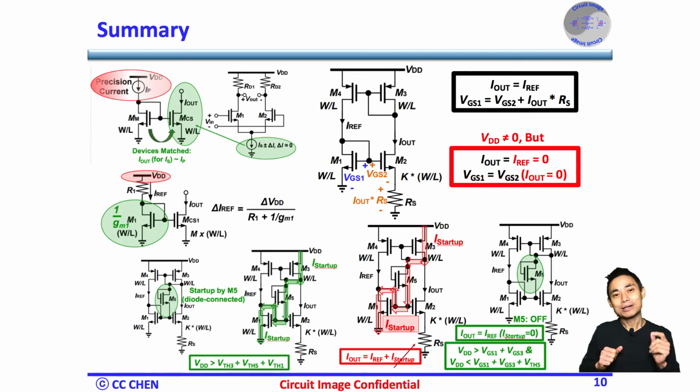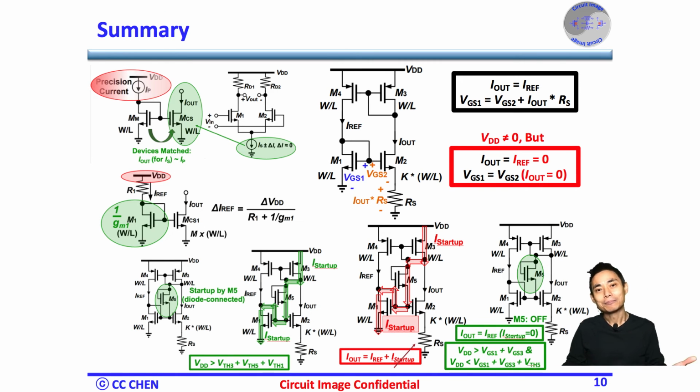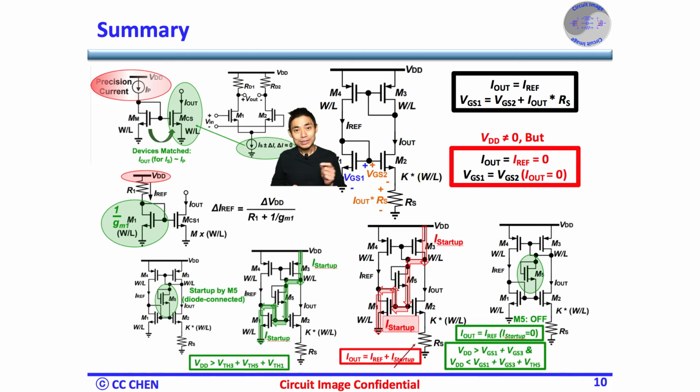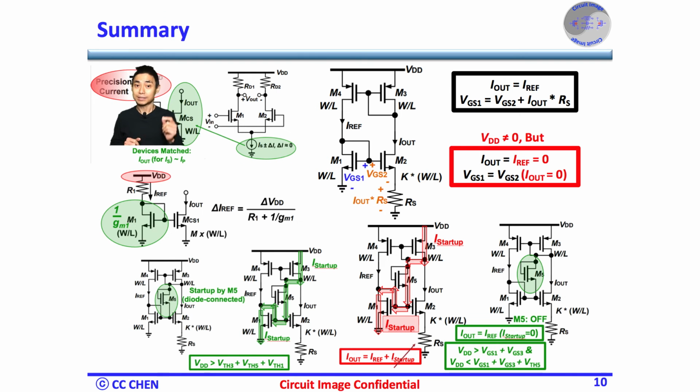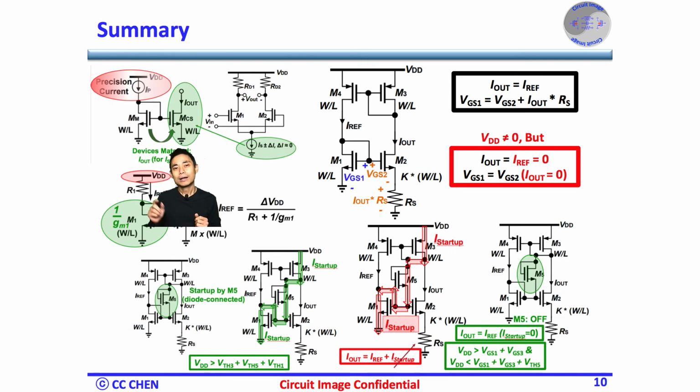Here is the summarized image of why you need a supply-independent biasing with a proper startup to provide a precise and well-defined current in a convenient way. The current mirror is a must, but the reference current may be noisy since it could suffer from supply noise.